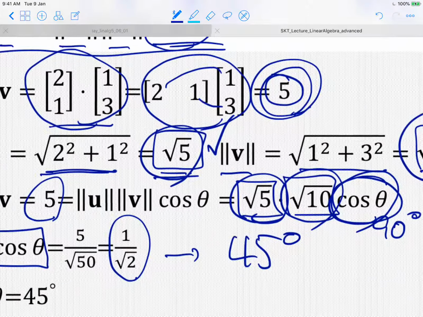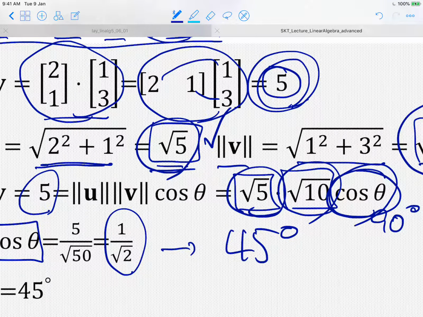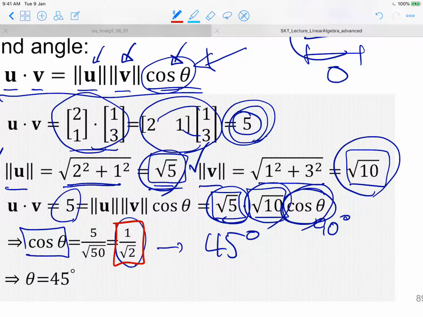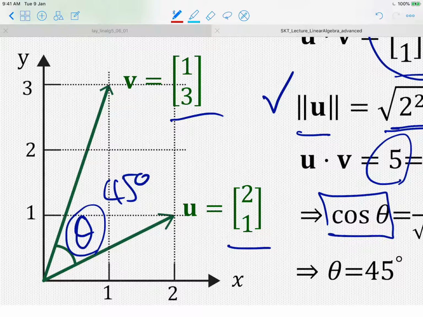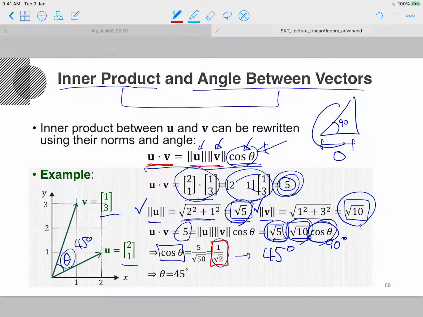Then we can write the equation as 5 is equal to square root 5 times square root 10 times cosine theta, and thus cosine theta is 1 over square root 2, right? So in this manner, we obtain the angle as 45 degrees. Between these two vectors, we can obtain the cosine theta and the corresponding angle from this relationship between the inner product, their lengths, and cosine theta. Okay?